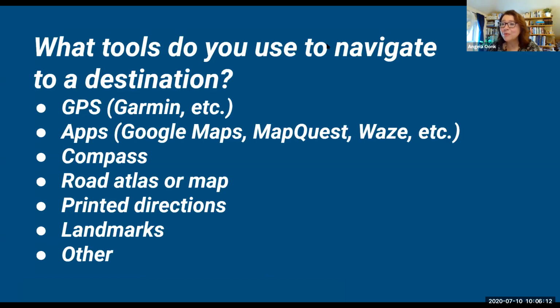But also, not too surprisingly, given the interest in maps of this audience, people still refer to their road atlases and paper maps as well. And that doesn't surprise me. Look at all those landmark navigators, though. I don't know, those directions, they're always the hard ones to follow.